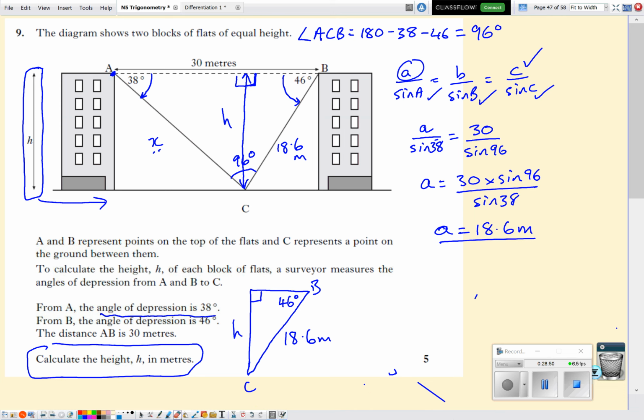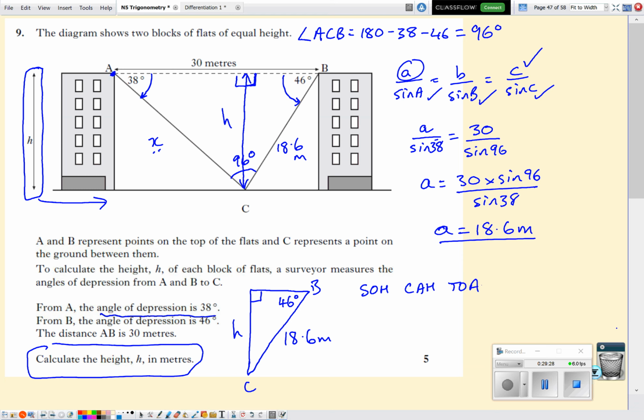Now, that triangle should look pretty familiar because we spent a lot of time at the end of S2 and the start of S3 doing trigonometry for right angled triangles. And this sort of question, where you have to find the altitude or the height of the triangle, involves you having to do a sine rule or cosine rule process to find a side and then use that side with a right angled triangle that makes up your overall triangle, and using SOHCAHTOA to get to the end of the process.